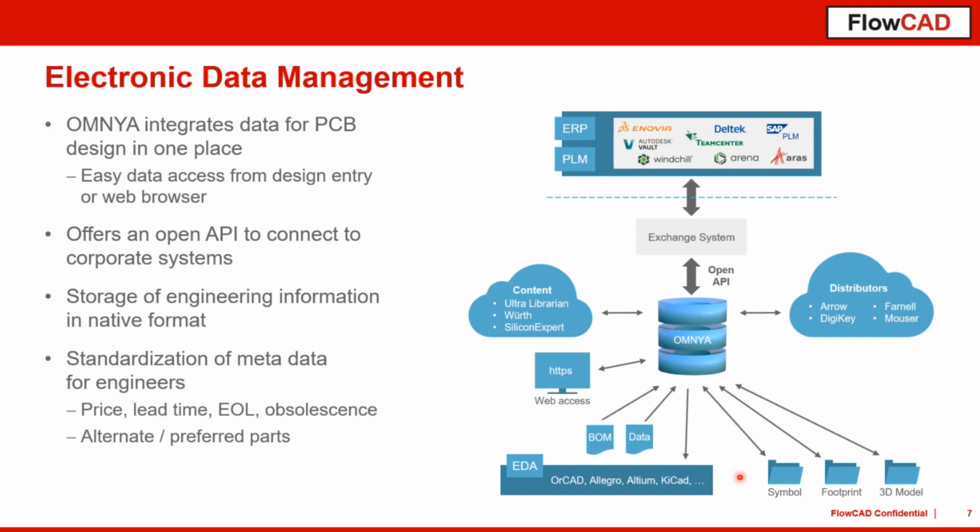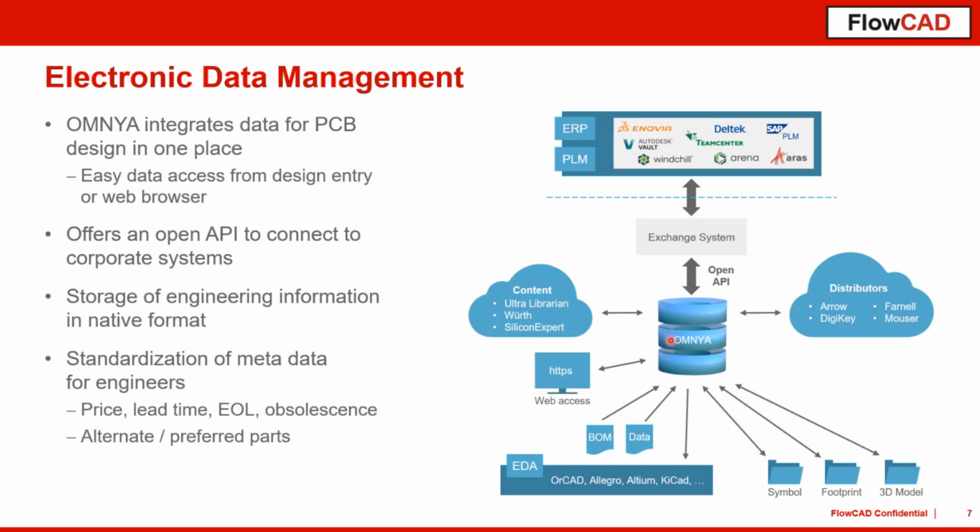They get information in the form of libraries, which are saved in OMNYA, and get the parts from there: symbols, footprints, 3D models, and all these kinds of things. On the other hand, these PCB design tools provide data into OMNYA, like the BOM, Gerber data, drill data, IPC 2581, whatever. This information can also be saved inside of OMNYA.